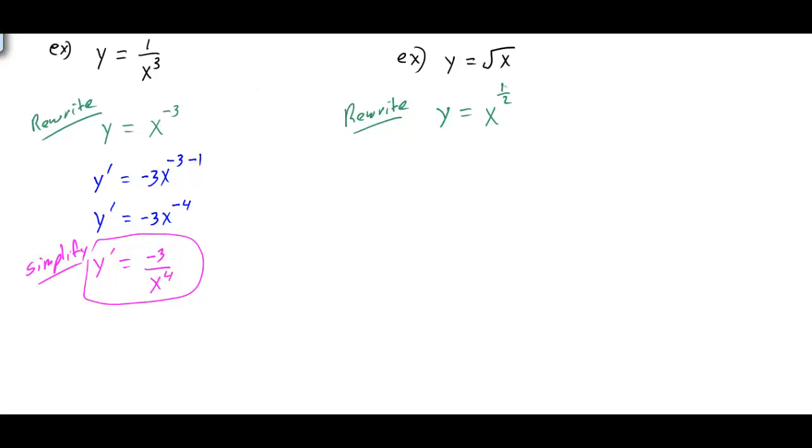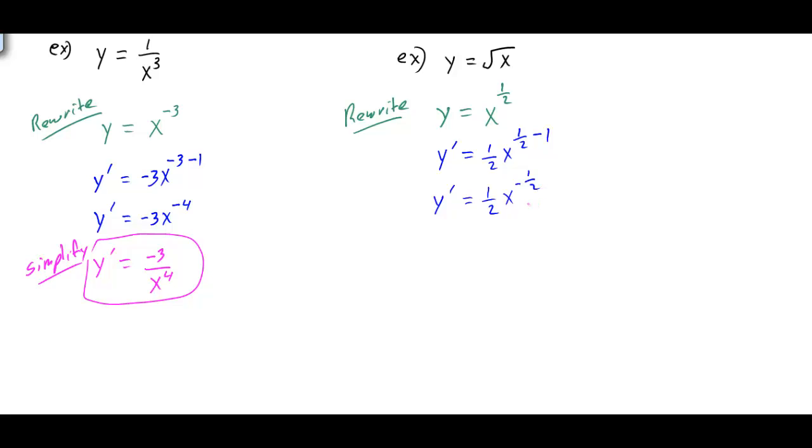And now we simply have our exponent. So therefore, y prime equals, pull the exponent out front, 1/2 x. And be careful here, 1/2 minus 1. So you're going to end up with x to the negative 1/2. And there's your derivative.